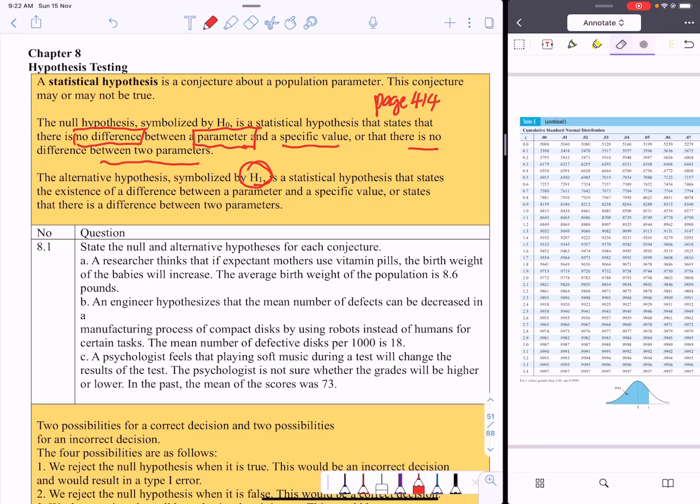If we have more than one alternative hypothesis, we can put H2, H3, H4, H5, and so on. It is a statistical hypothesis stating there is a difference between a parameter and a specific value, or a difference between two parameters. The null says there is no difference, but the alternative says there is a difference.